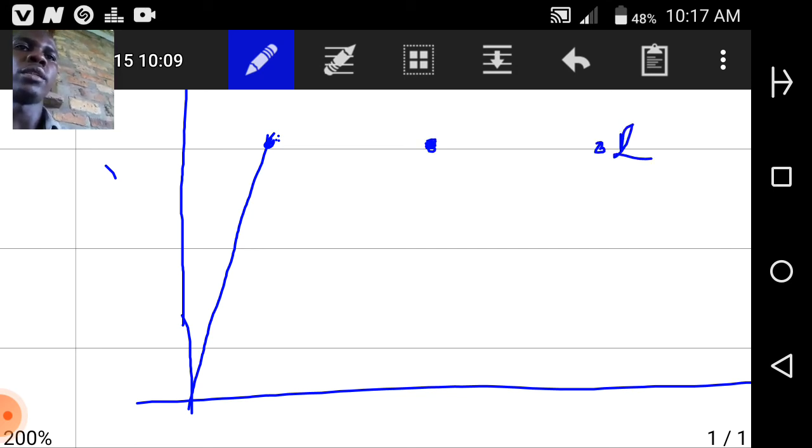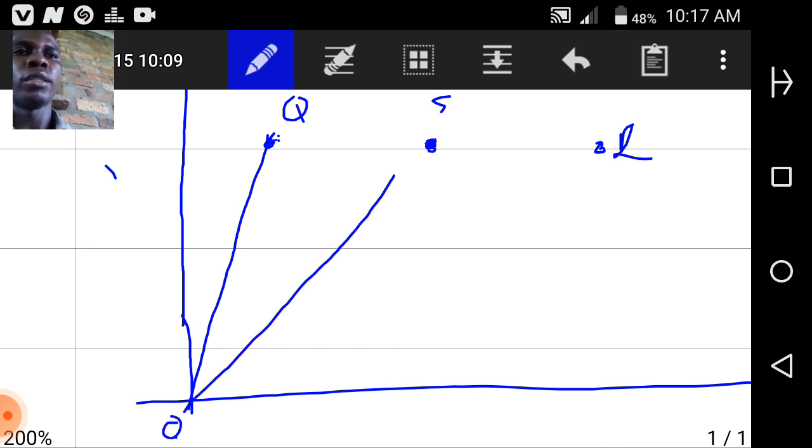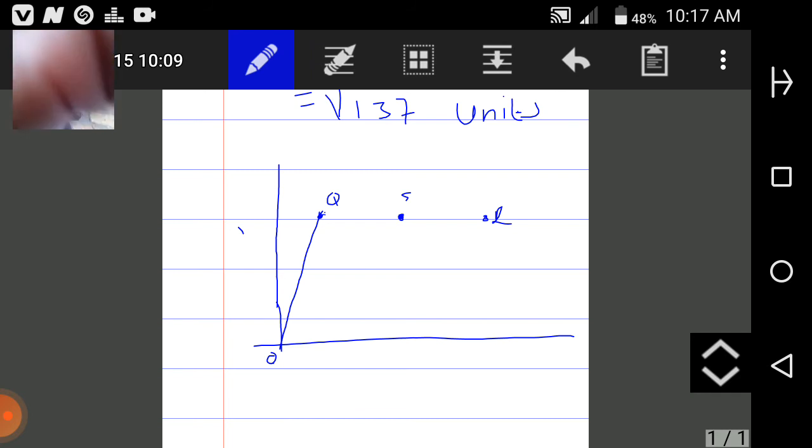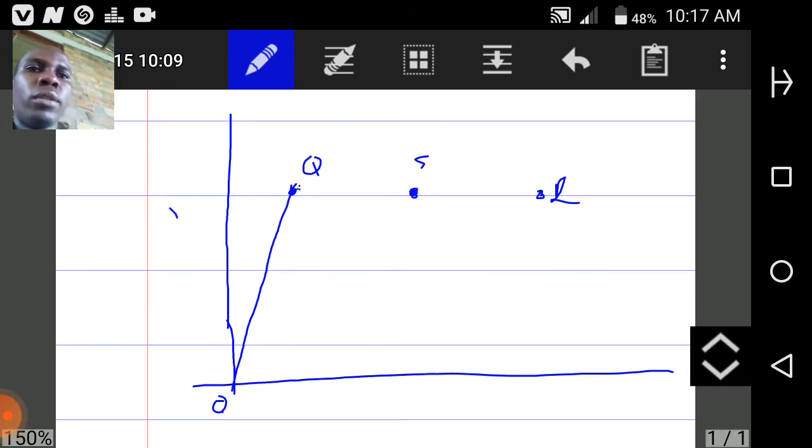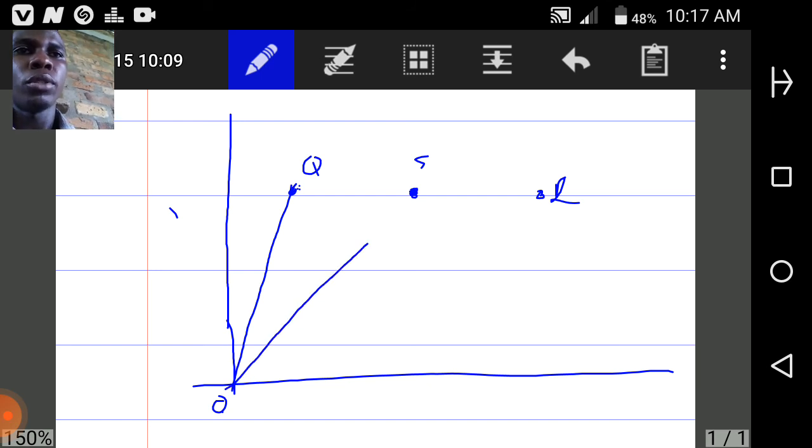S is the midpoint of QR, so this is going to be my S. If this is my origin, they want OS, this point here.